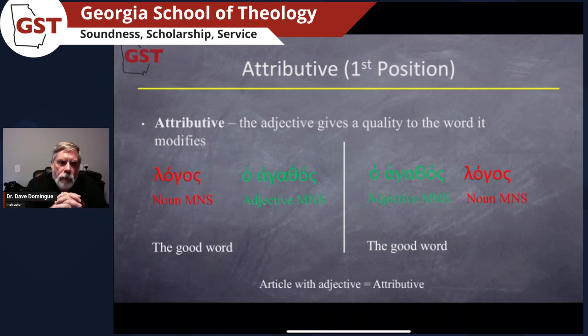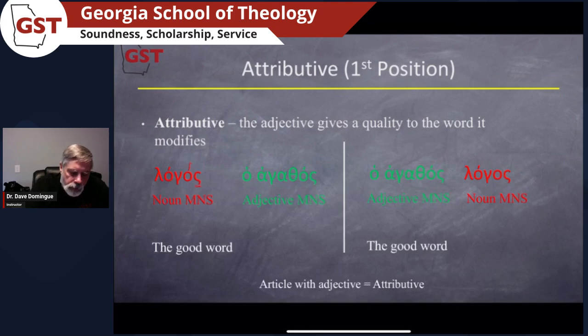So remember, we have our stem ending with the omicron. So that kind of tells us it's in the second declension. Here's the nominative case ending. So logos is in the masculine nominative singular, or nominative masculine singular.